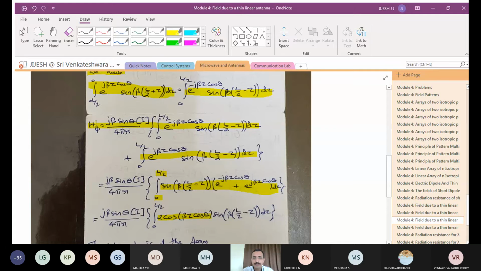So now H phi has finally come to this point, where you have j beta sine theta I divided by 4 pi r, integral of 0 to L by 2, 2 cos of beta z cos theta, sine of beta L by 2 minus z, dz. This is what you get.